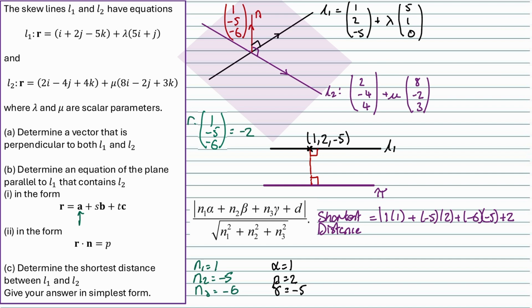And we want to take the magnitude of this, and this is divided by the square root of n1 squared plus n2 squared plus n3 squared.